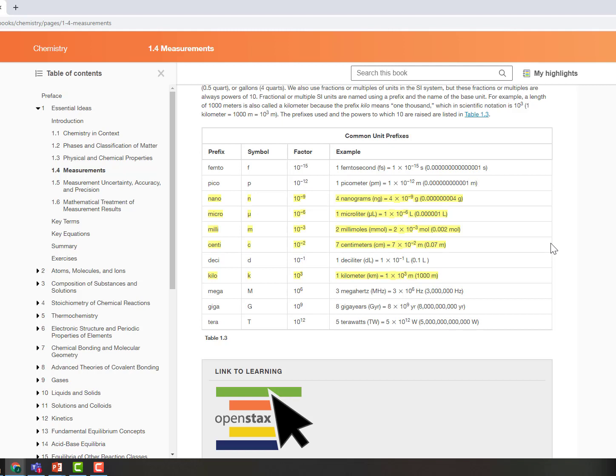A big part of this section is remembering these prefixes and then how to use them, which we'll talk about more as we get into section 1.6. We'll do a lot of 1.5 and 1.6 when we meet in lab, but I want you to know this information ahead of that meeting.